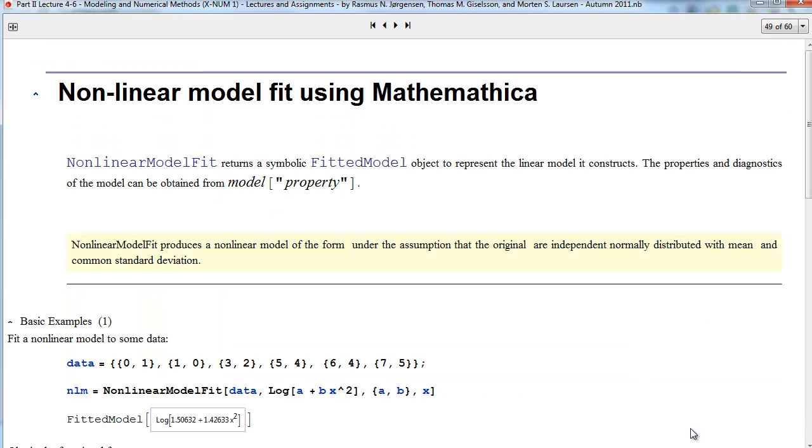When you've done that, then you should have a go with the nonlinear model fit using Mathematica. There you don't have to linearize it. It's kind of the same as a linear model fit, but there is a small difference. You can see all this in help.